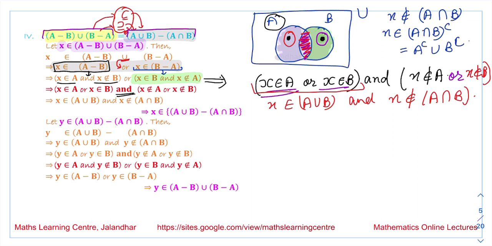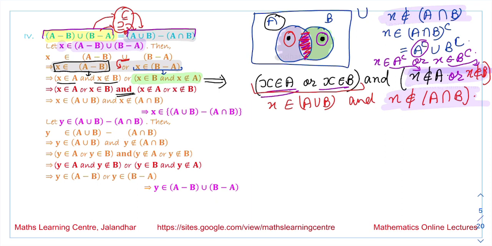What this means is that X belongs to A complement or X belongs to B complement. It means X does not belong to A or X does not belong to B. So this condition, that X does not belong to A or X does not belong to B, is equivalent to the condition that X does not belong to A intersection B.